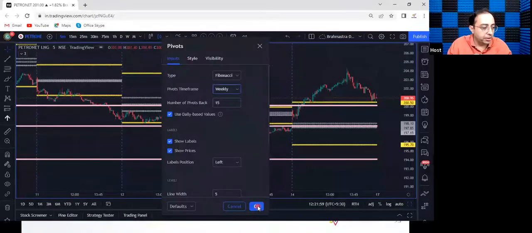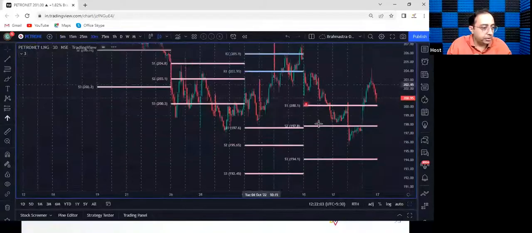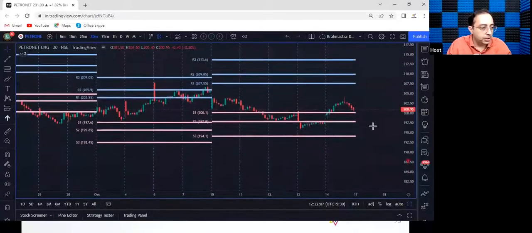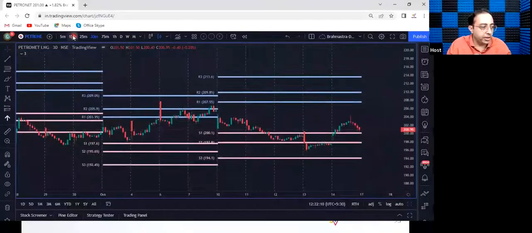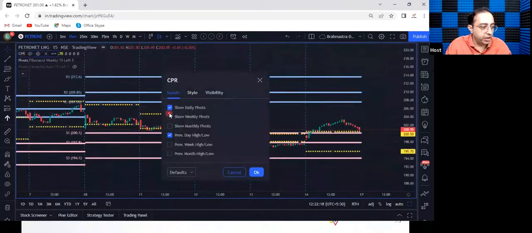I'm going to use the pivots, and I'm going to go in for a 30-minute chart or a 15-minute chart. All right. Now, what I will do is I will change the CPR setting to show the weekly pivots.